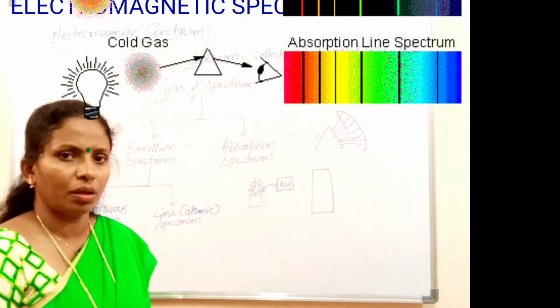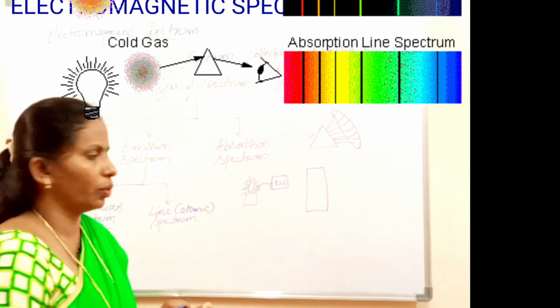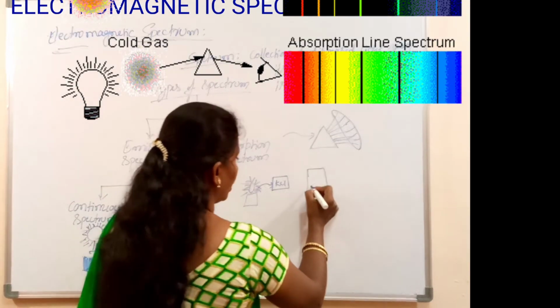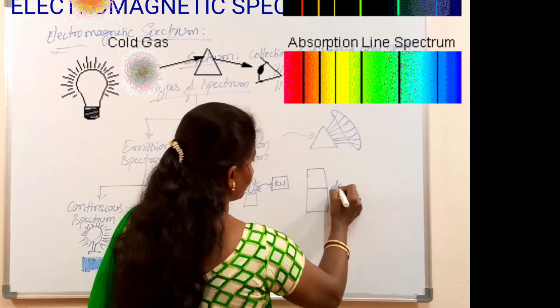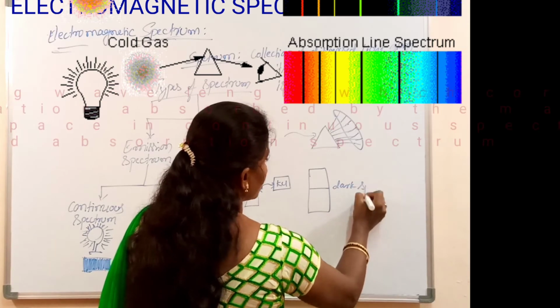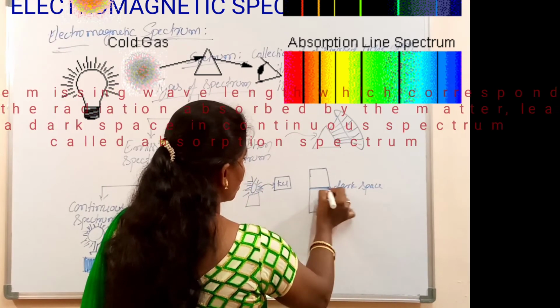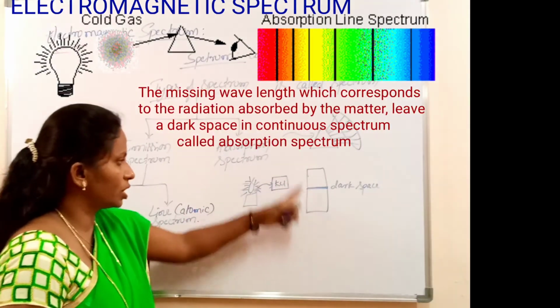This is the characteristic property of each matter. Each matter is going to absorb a particular radiation, and thereby it is going to form a dark space. This shows the absence of a particular radiation. This is called absorption spectrum.